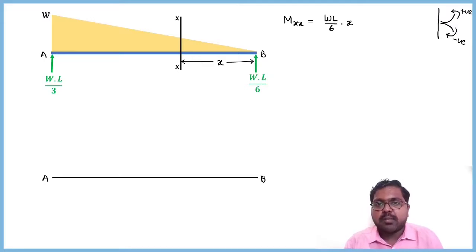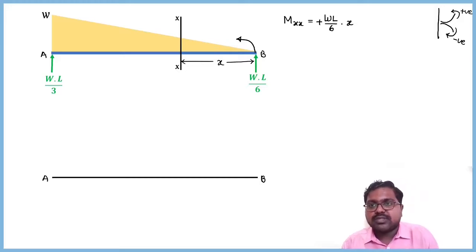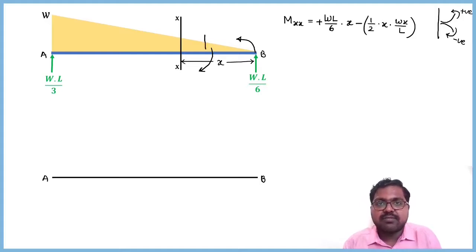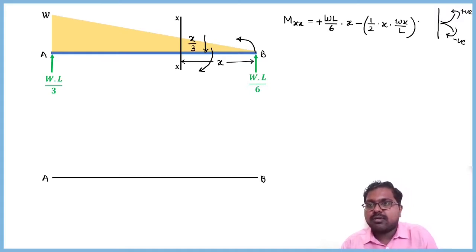So this WL by 6 is creating an anticlockwise moment, which is sagging, so positive, and the area here is creating a clockwise moment, that is negative: half into x into Wx by L, acting at a distance of x by 3.